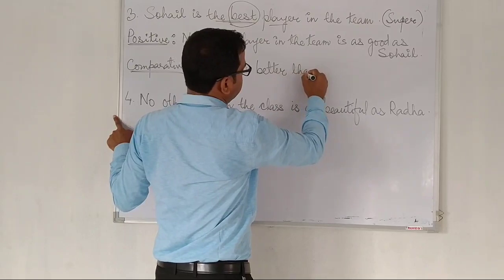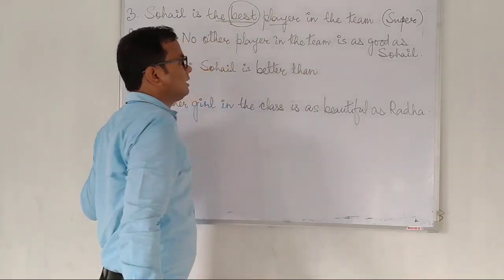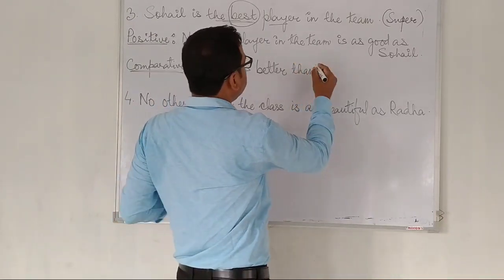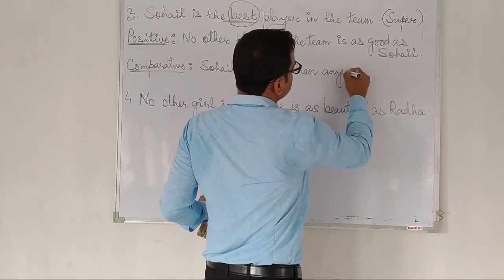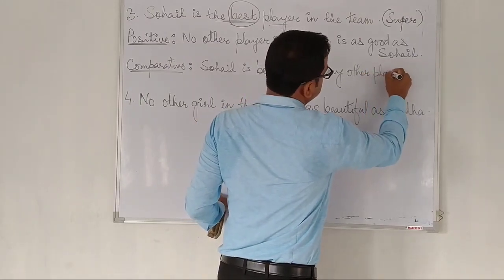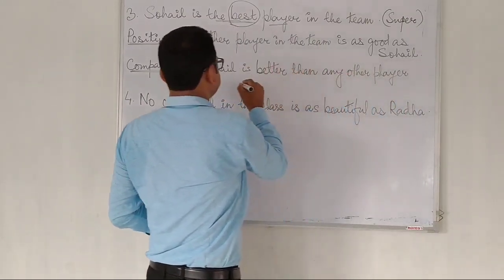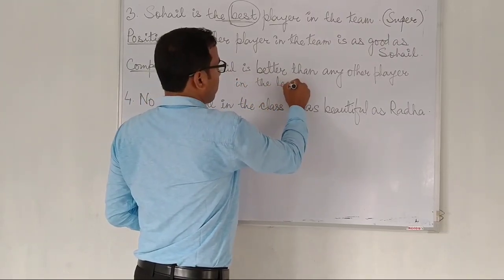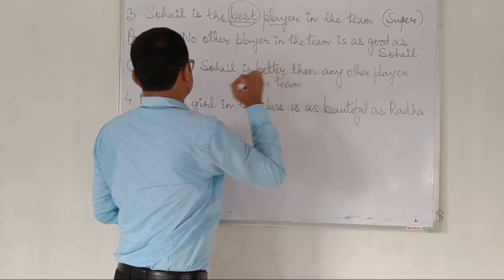Better than, T-H-A-N, not T-H-E-N. It is T-H-A-N. So it is better than any other player in the team. This is the comparative form.